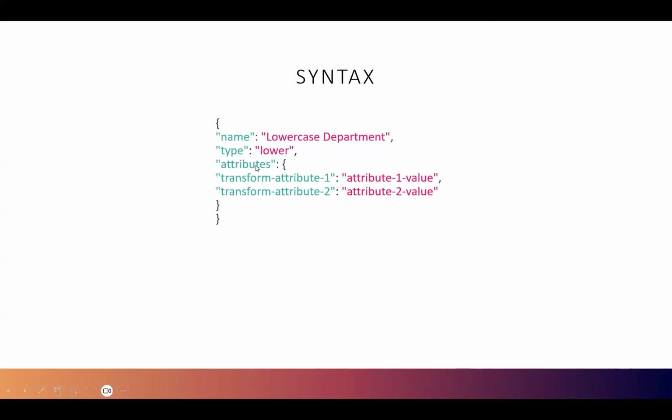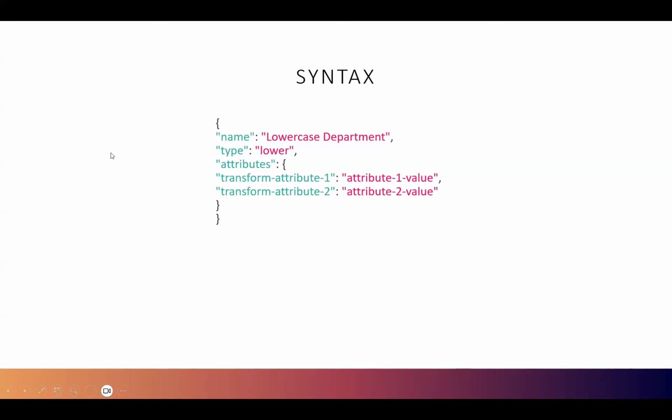Then type. So here lower is the type of the transform. So what does this do? This will convert any type of string to a lowercase string. So that means this type is determining the transform's behavior.